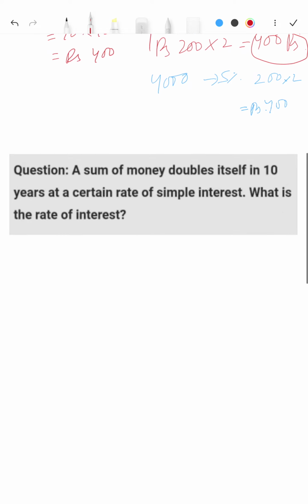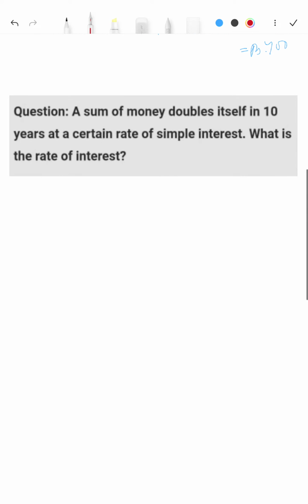Now coming down to the next question, it reads: a sum of money doubles itself in 10 years at a certain rate of simple interest. What is the rate of interest? Now the question is we are to find out the rate.